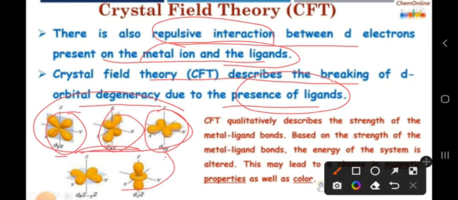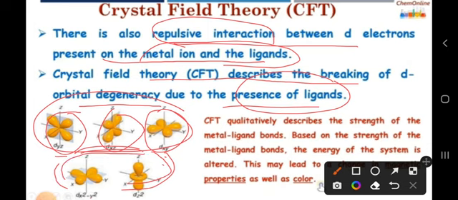But coming to these two, dx square minus y square and dz square, these are present on the axis. These 3 orbitals are not present on the axis, which means they have less energy and less repulsive forces, because they are not present on the axis.